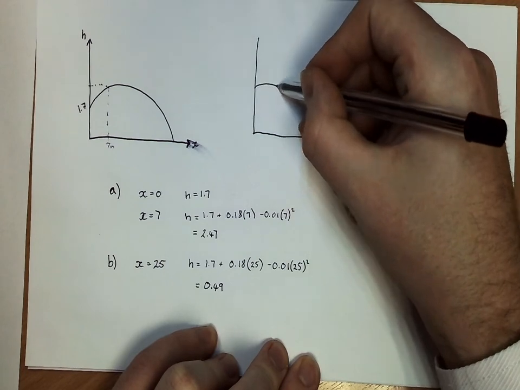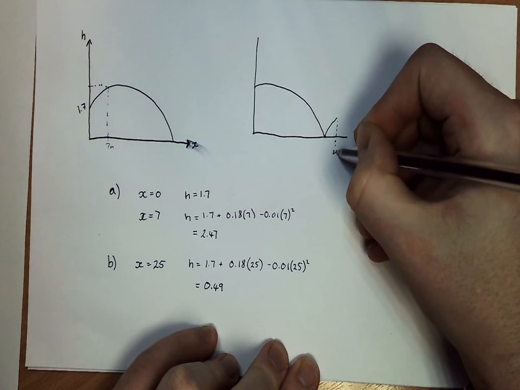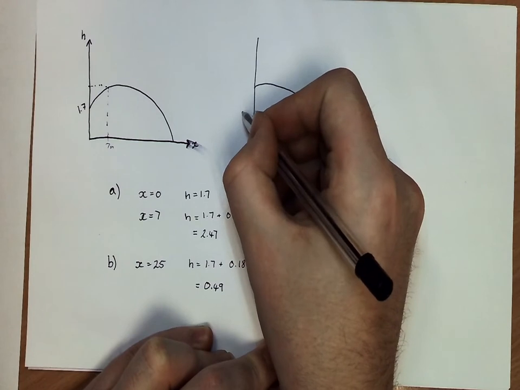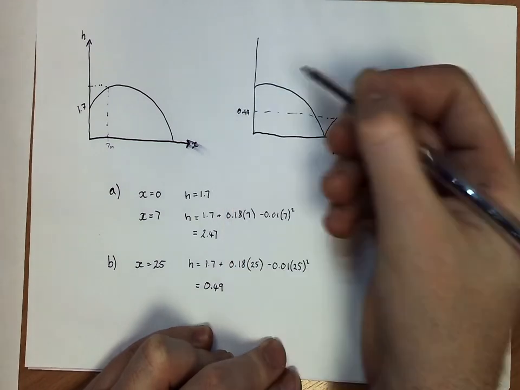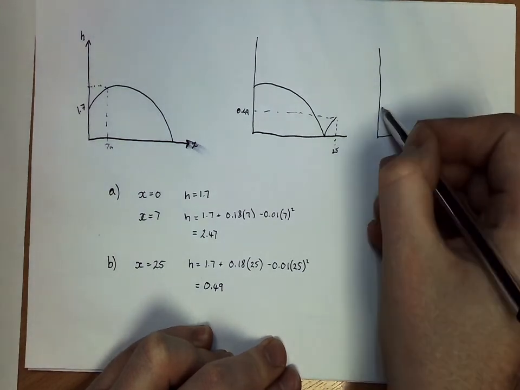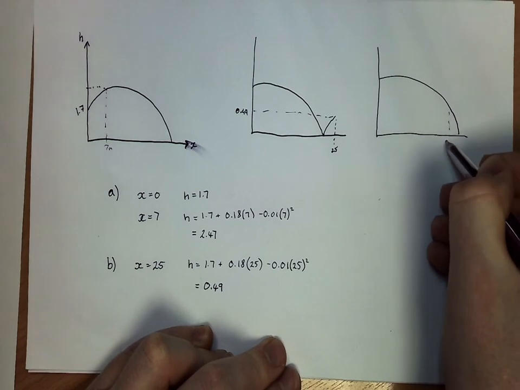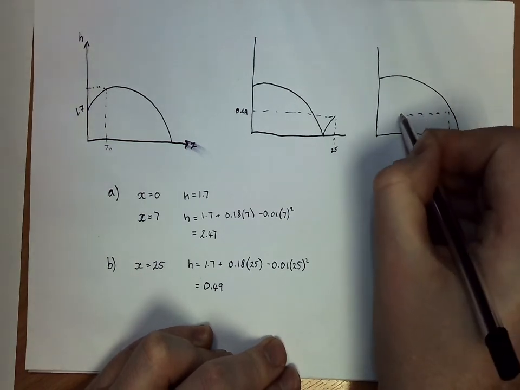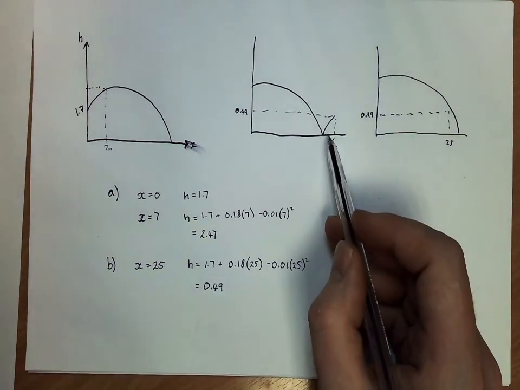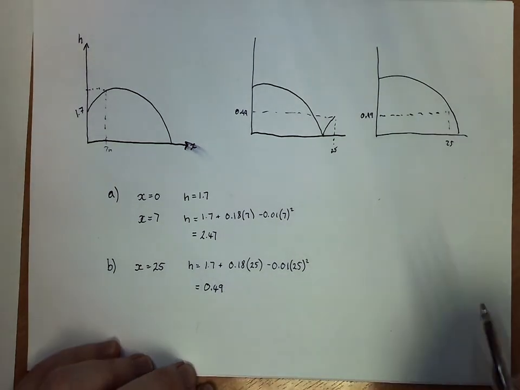It could have hit and then bounced, so that at 25 metres this value is 0.49, or it could have not hit yet and at 25 metres I've got 0.49. And in each of these scenarios we have a different answer. This one is in, this one is out. So in fact, finding where it was after 25 metres wasn't useful.